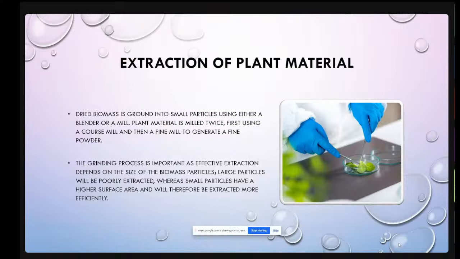This grading process is important as effective extraction depends on the size of the biomass particle. Large particles will be poorly extracted, but smaller particles have a higher surface area and are therefore extracted more efficiently.